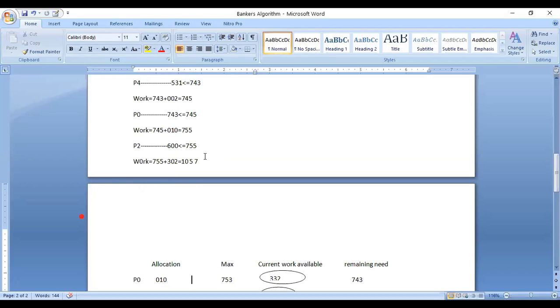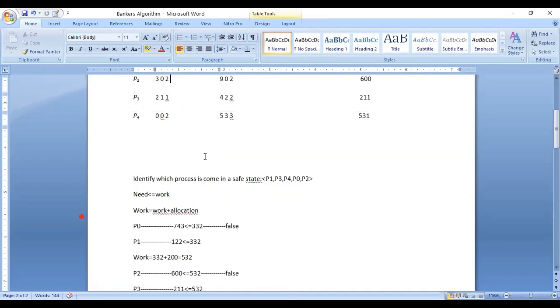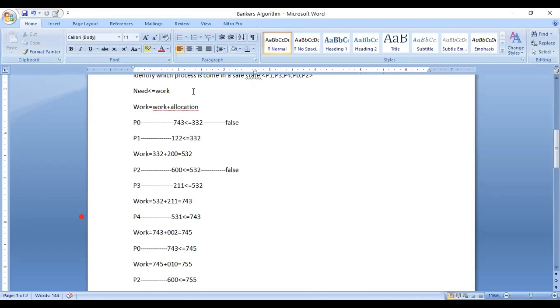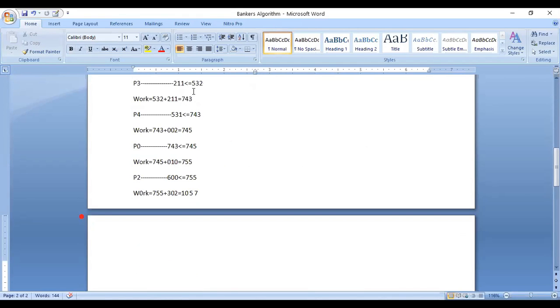Originally we gave the resources A is equal to 10, B is equal to 5 and C is equal to 7. See here, A is 10, B is 5 and C is 7. So after execution of all these processes, the total available resources in the system are the same as first allocated.